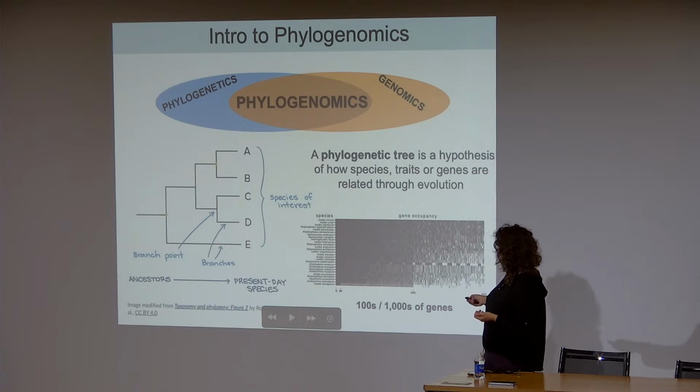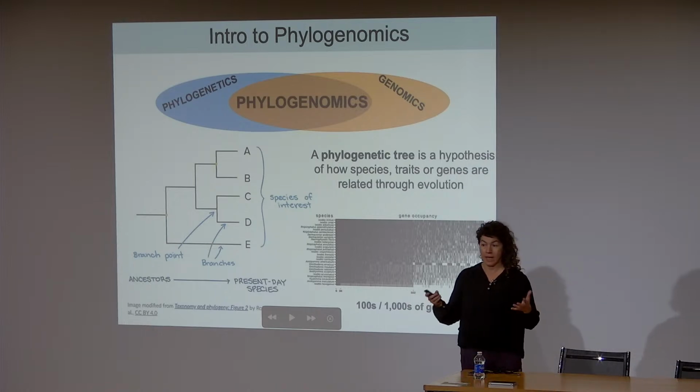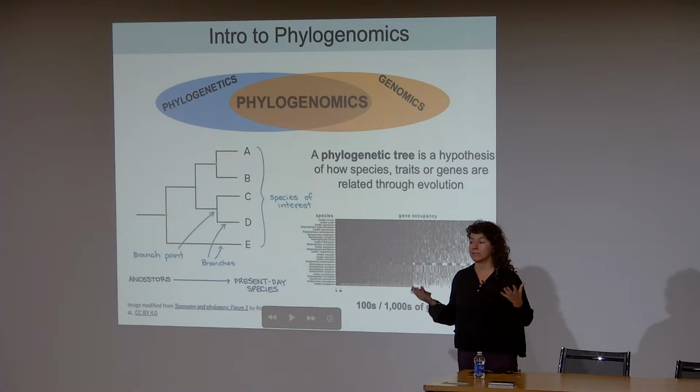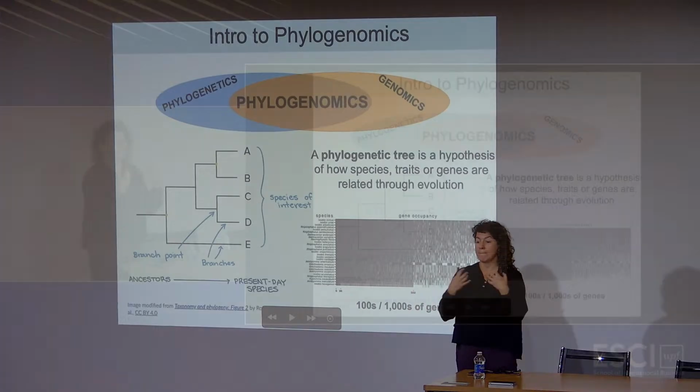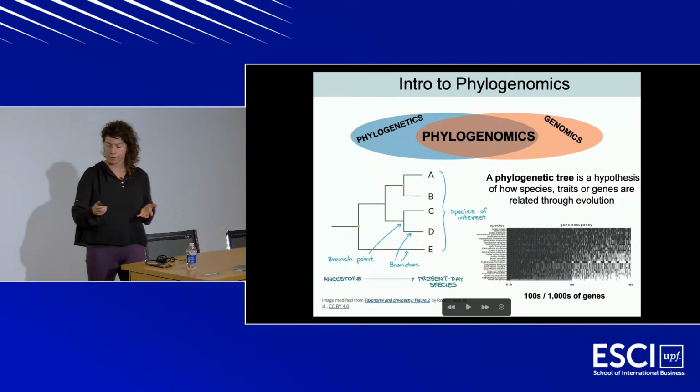Here, this is just a matrix showing all the species that we have, that would be the terminals in our tree, and each little dot represents one gene. So this one has almost 1,000 genes. And as you can imagine, this is absolutely fantastic because this is giving us much more information to build this tree, to understand how species or genes are related to each other.